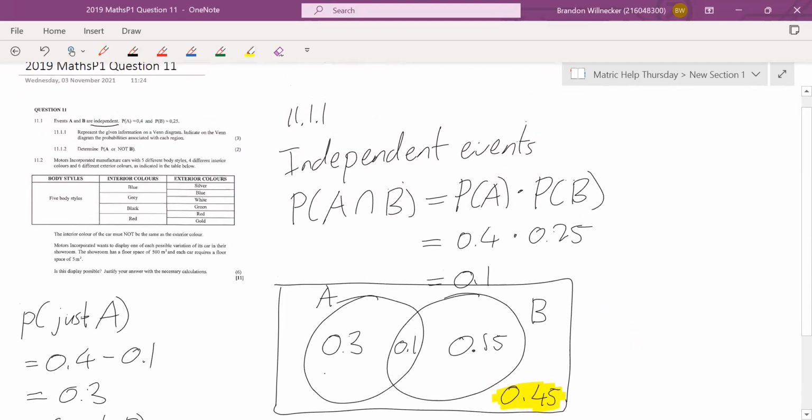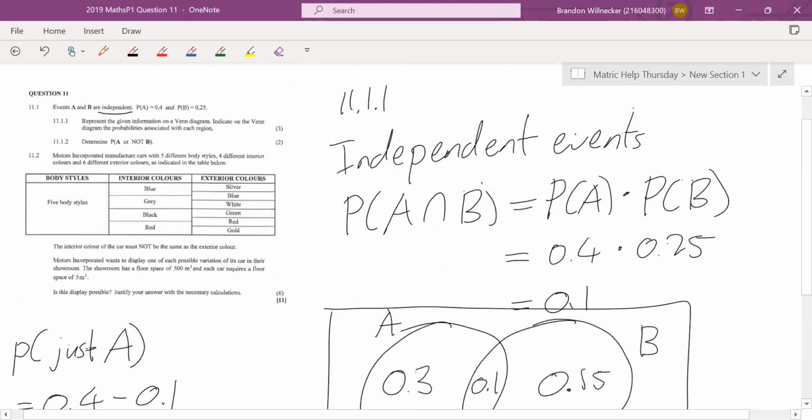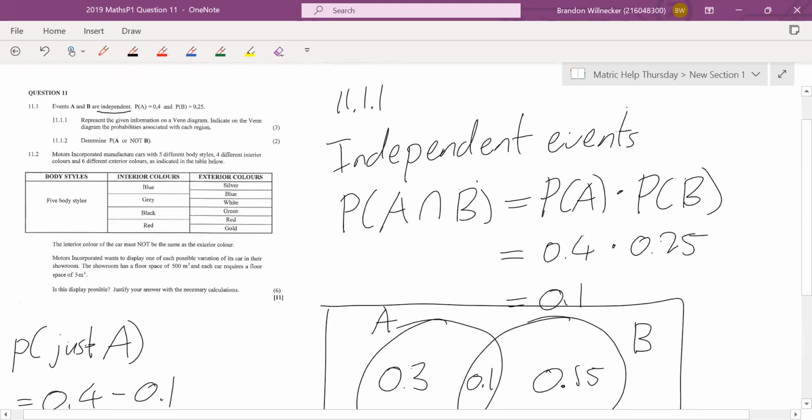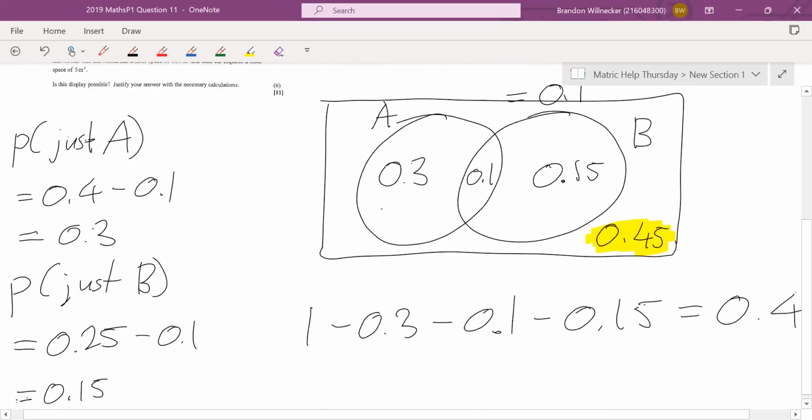Okay, let's take a look at the next one here. 11.1.2, determine the probability of A or not B. Okay, so that's a bit wordy, so let's rewrite that in terms of what we know.